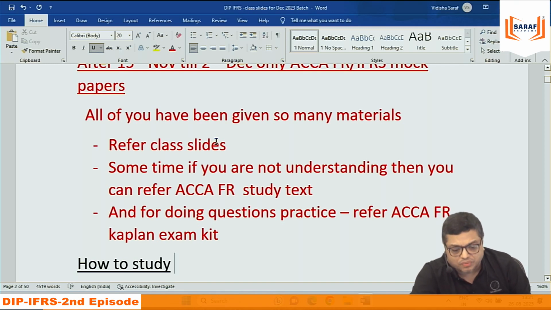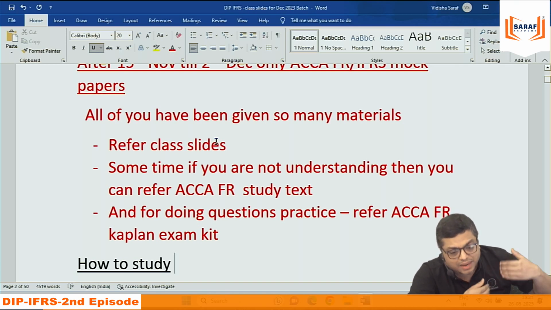Now, what is the purpose of accounting? You and I belong to the accounting field, so we will be able to understand the accounting part much faster and better than a person who is not involved in accounting.